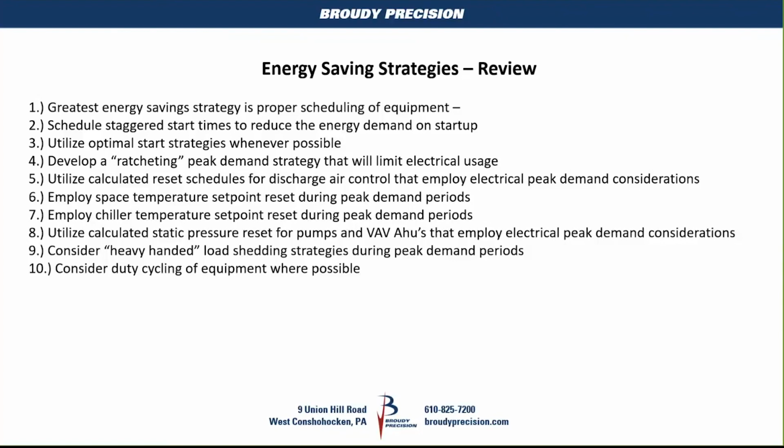Well, we started making all of these strides in a very heavy-handed manner. And by that, I mean we were turning off air conditioners, we were shutting down pumps, we were doing whatever we could to keep the energy usage below that, say, 10,000 kilowatt limit that we had to stay below.